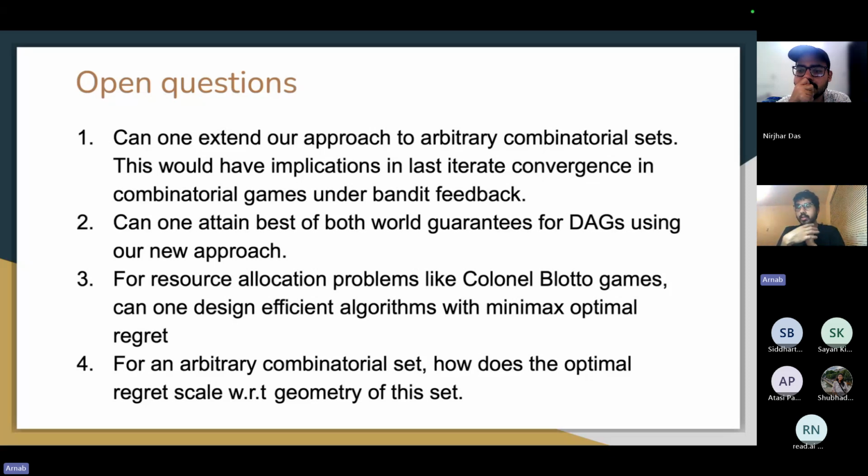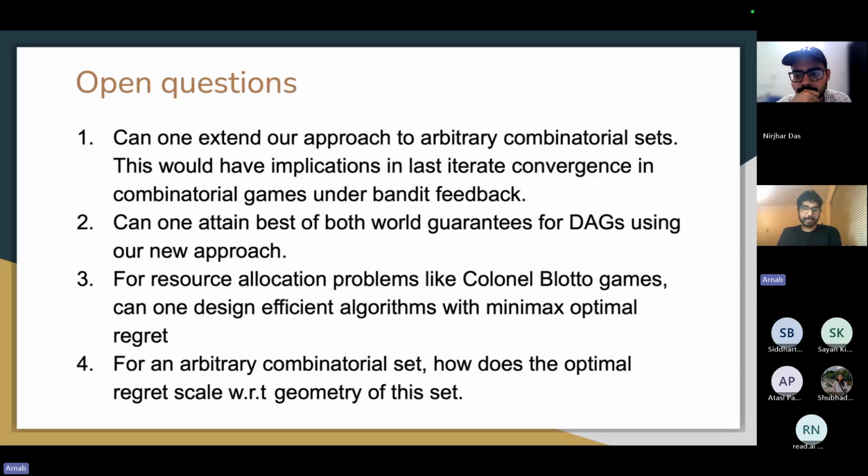It was shown four or five years ago that if you use the Tsallis half entropy, then the same algorithm gets optimal regret guarantees in both the adversarial and stochastic settings. That's why I said Tsallis is one of my favorite regularizers, because it has some nice properties. So the analogous question is, can one do something similar for DAGs?